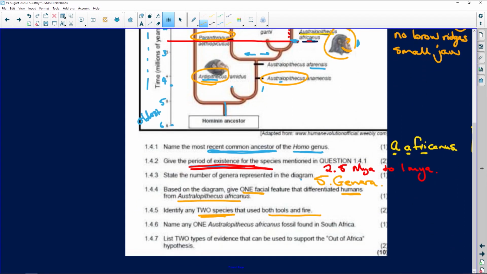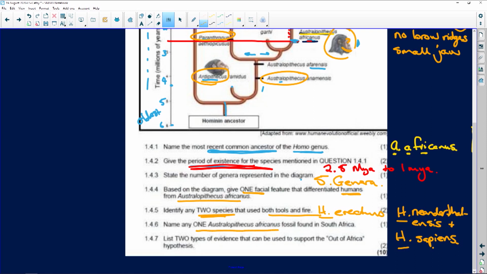You can just put H. erectus, H. neanderthalensis, and H. sapiens, it's a lowercase. Right, so any two of those three.